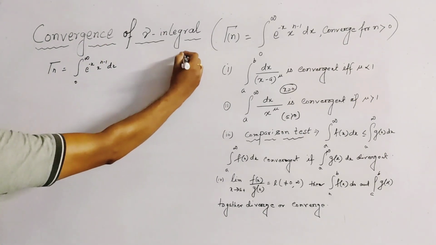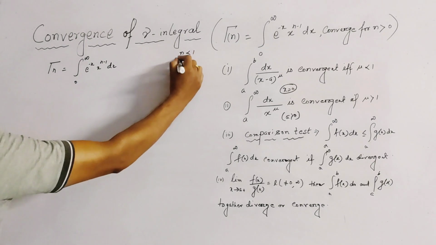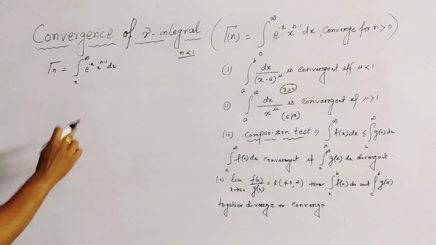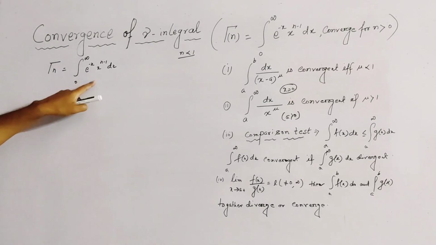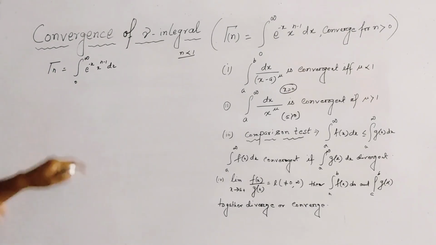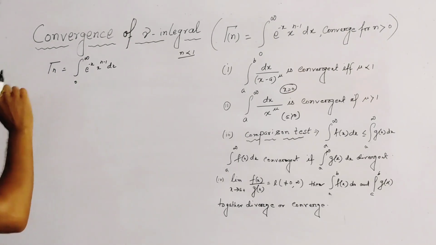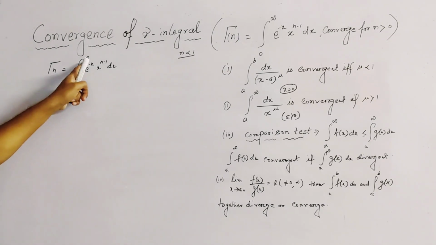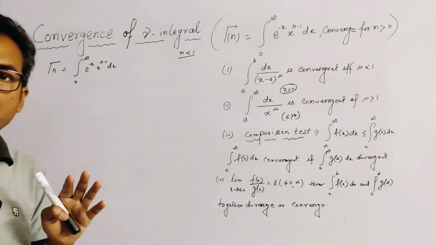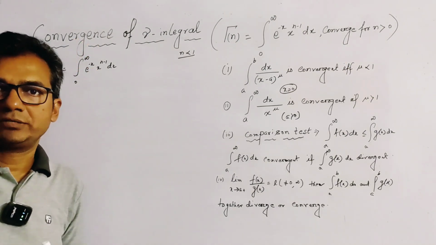Clearly, if n is less than 1, then x to the power n minus 1 is in the denominator, so this integration has a point of infinite discontinuity at x equal to 0. Also, at the upper range the integration is to infinity, so there is another impropriety.